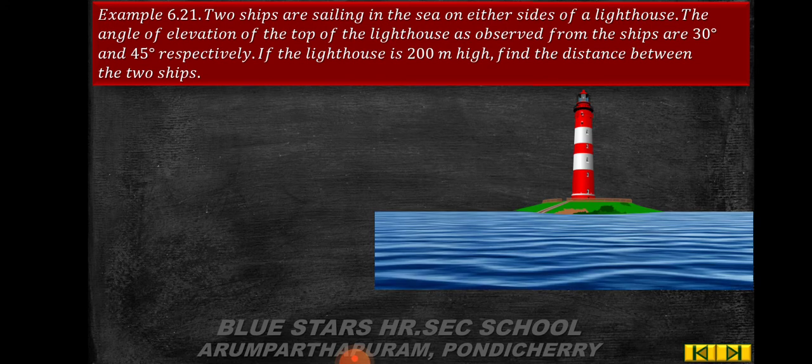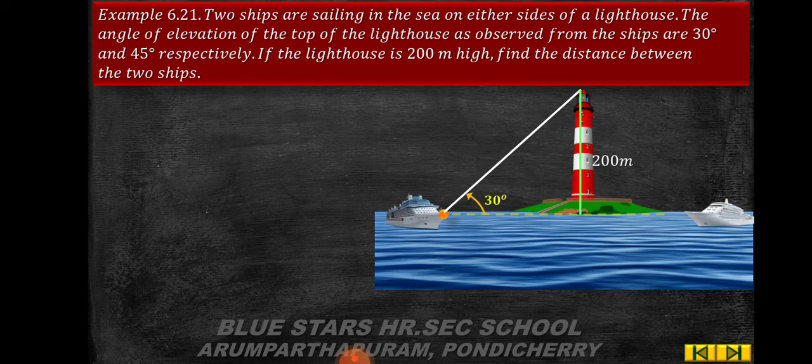So this is the lighthouse. There are two ships on either side of the lighthouse. So draw a perpendicular line, that is the lighthouse height, 200 meter, and mark one point for the first ship, and join the point from the ship to the top of the lighthouse.